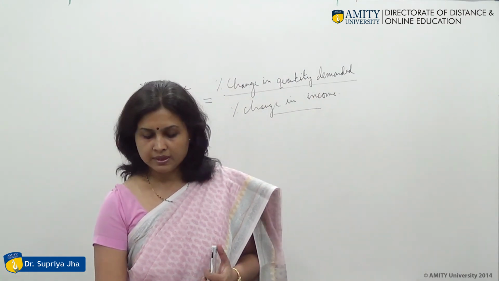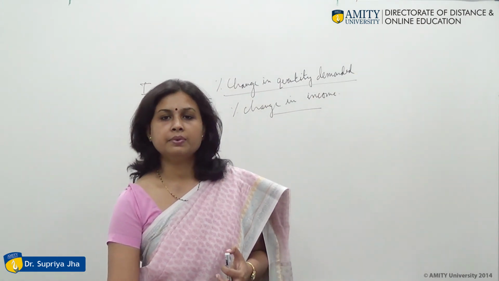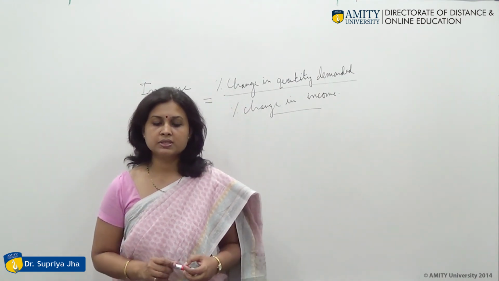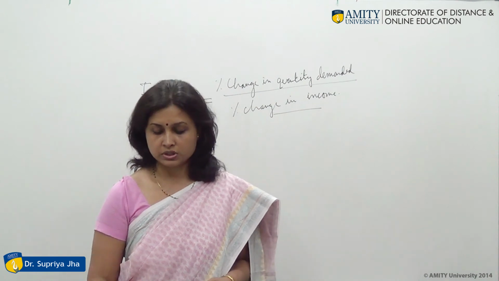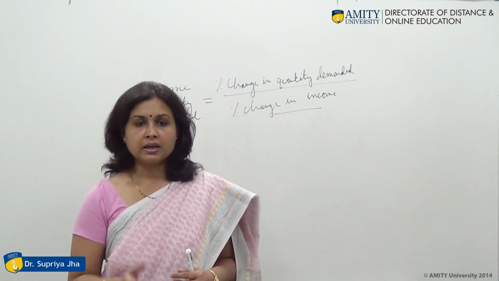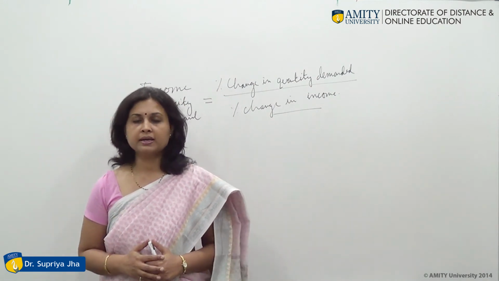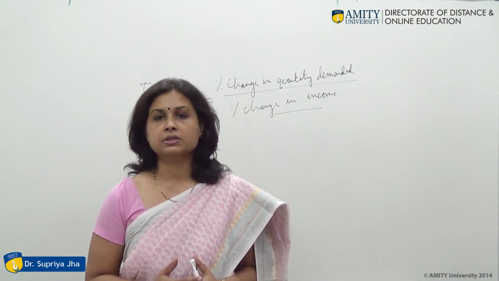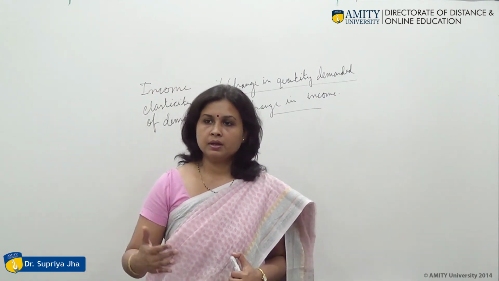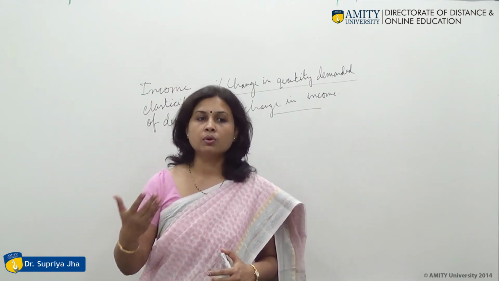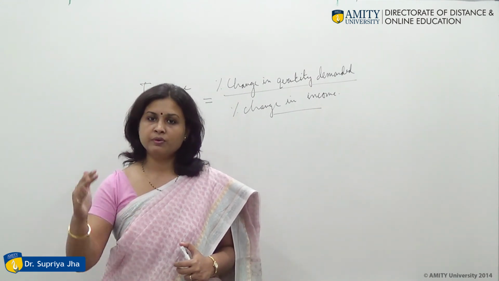The income elasticity of demand can be different for different types of goods. For normal goods, income elasticity is always positive. For inferior goods, income elasticity is negative. Higher income raises the quantity demanded for normal goods but lowers the quantity demanded of inferior goods. So when the income of a consumer increases, he will always demand more, but that rise in demand would be for the normal good.